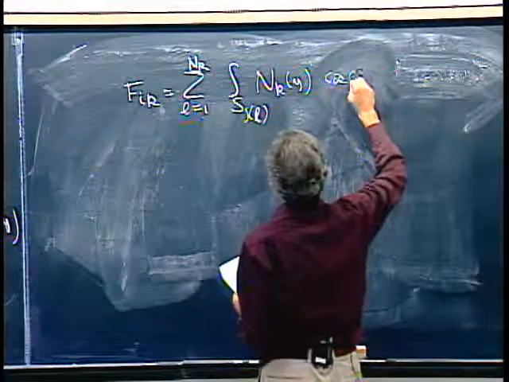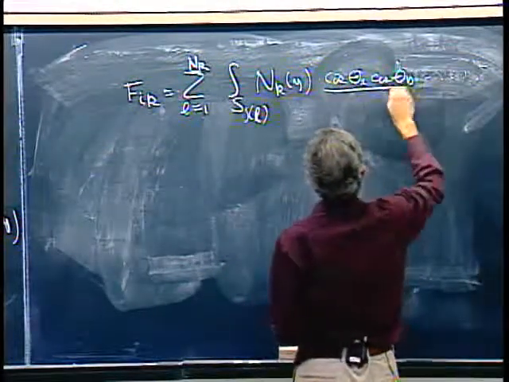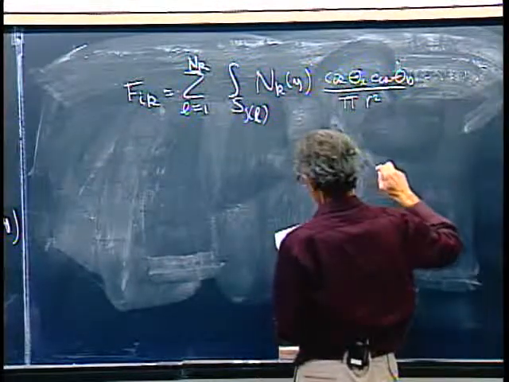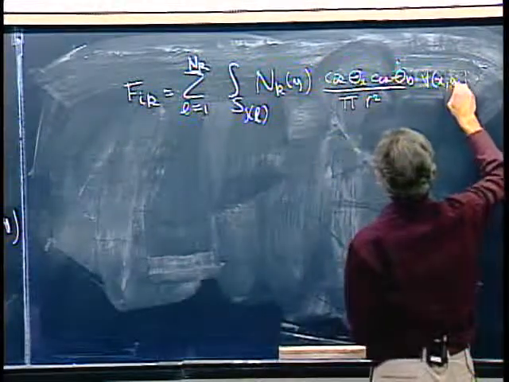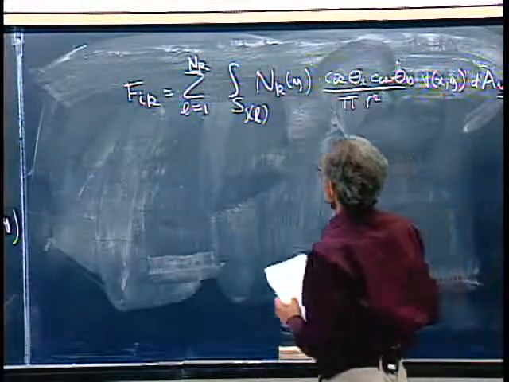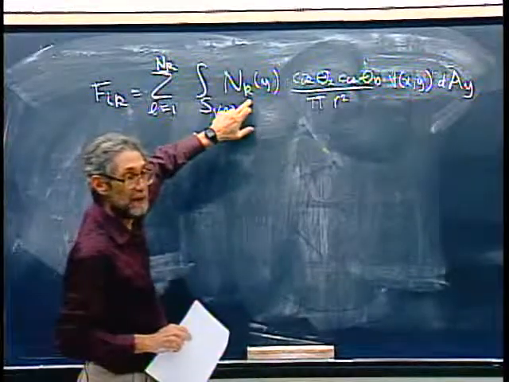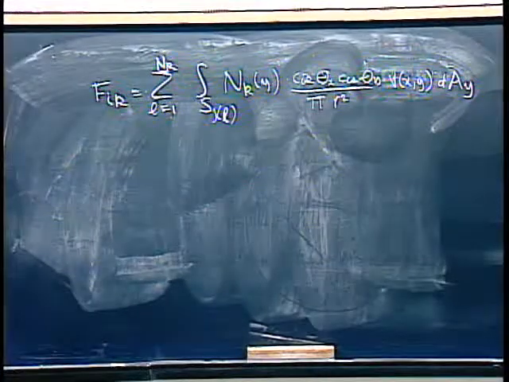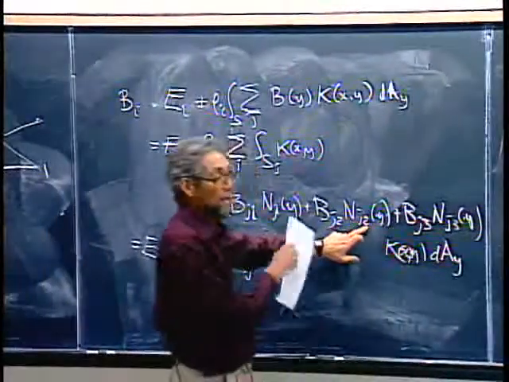I'm writing the geometric factor now: cosine theta x cosine theta y over pi r squared, times the visibility of x, y, dA_y, where dA_y is integrated over each of the triangles sharing vertex k. Right? Because this is my kernel, and for each vertex it's picking up part of this term.